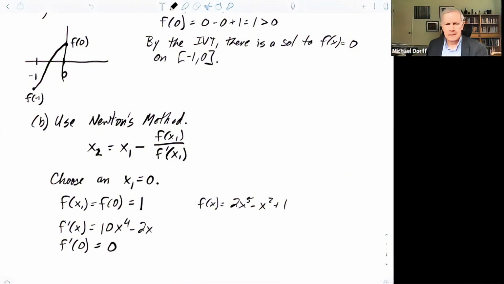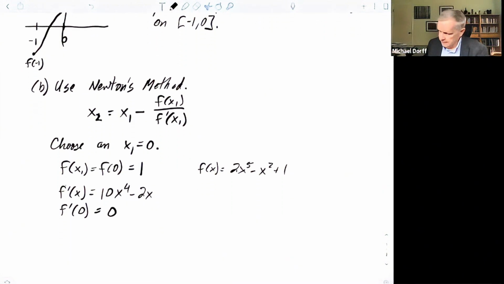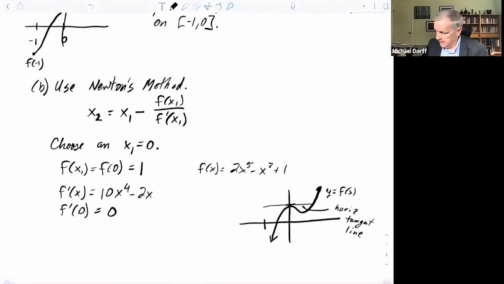Now, what does that mean? Well, in terms of a graph, I'm going to have something like this. This is y = f(x). At 0, I have a horizontal tangent line, and the derivative at 0 equals 0. Because of the way Newton's method works, we want to find out where that tangent line is going to cross the x-axis. Well, if it's horizontal, it's not going to cross it.